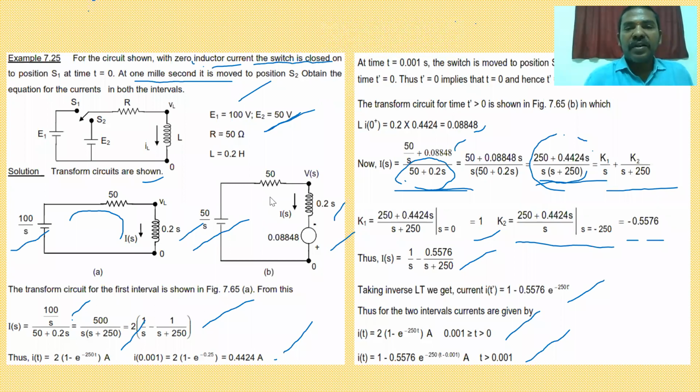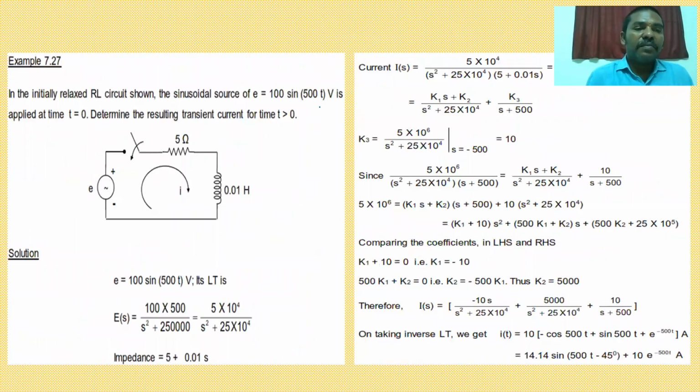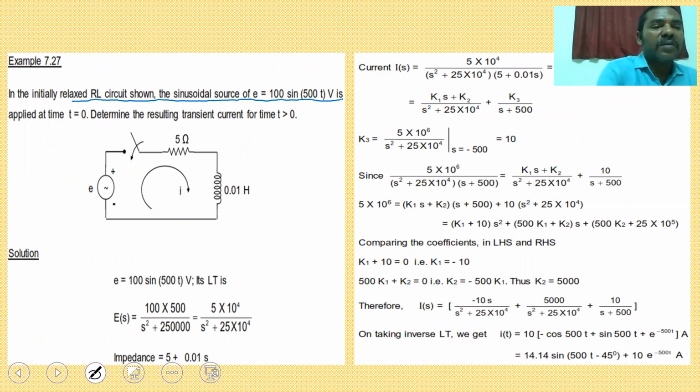So then come to the next problem. So now it is an RL circuit. Initially it is excited by a sinusoidal voltage of 100 sine 500 t volts. At t is equal to 0, the switch will be closed. The current you have to find in this case.